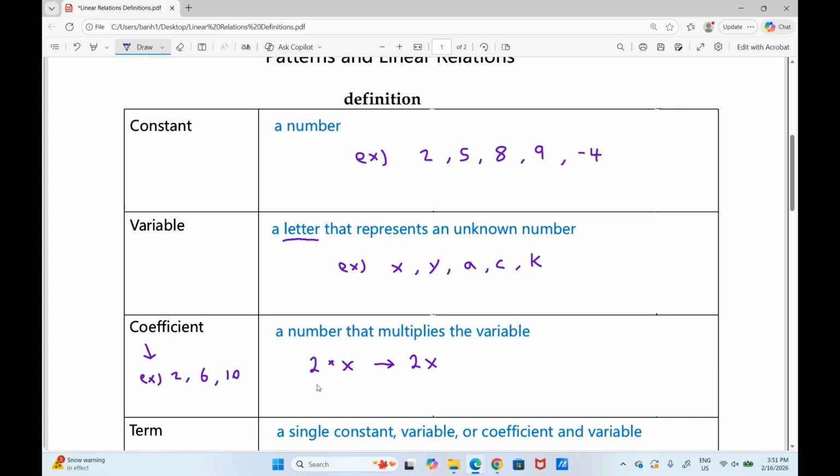The reason being is because in algebra, instead of writing the multiplication symbol, if we want to multiply a coefficient and a variable, we just write the number right next to the variable. And it just implies that it multiplies together. Also by convention, we like to write the number first and then the variable afterwards.